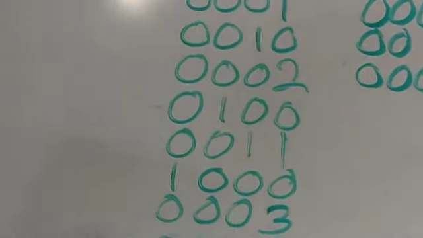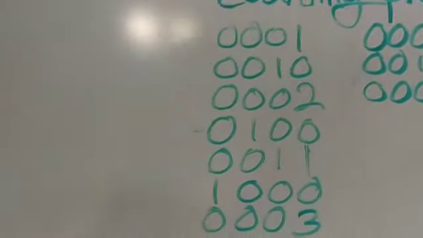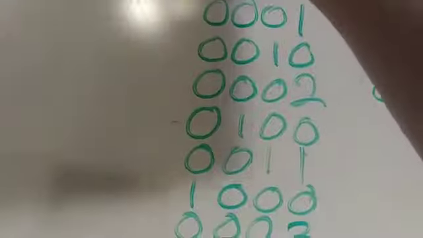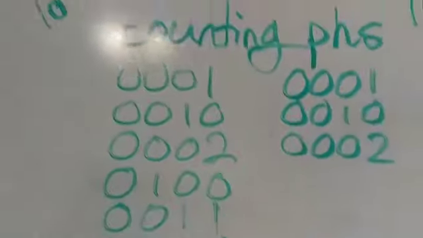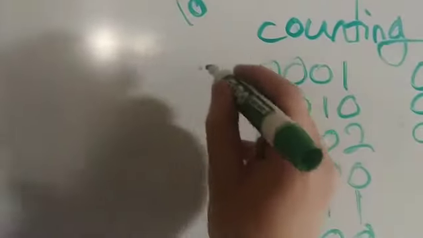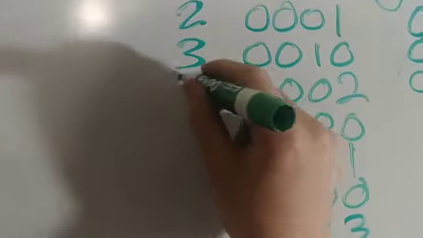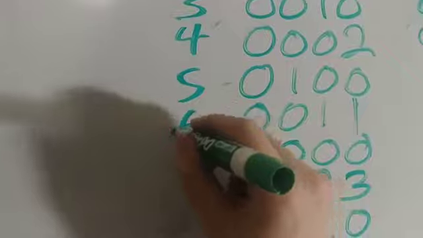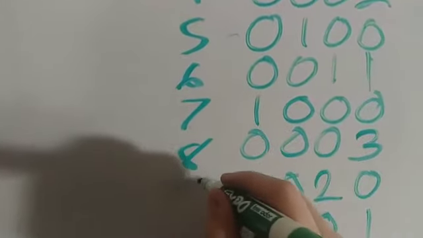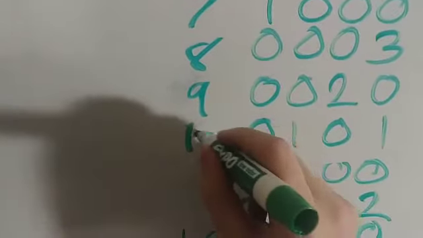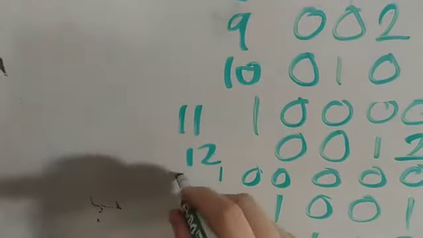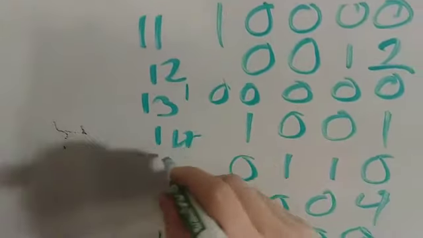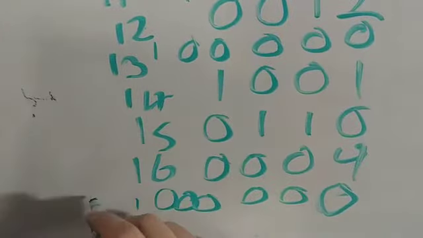And just for clarity's sake, let's write the base 10 over here and over here. So we'll have 2, 3, 4, 5, 6, 7, 8, 9, 10, 11, 12, 13, 14, 15, 16, 17.